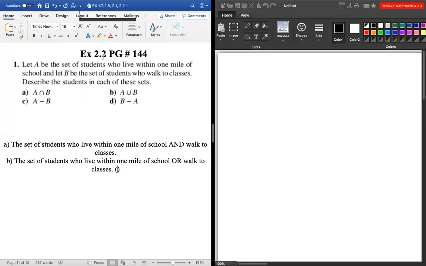It's important to note that or means that they can be both: the students who walk to classes or who live within 1 mile of school.